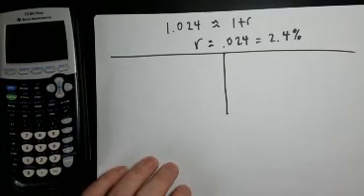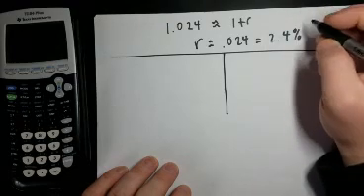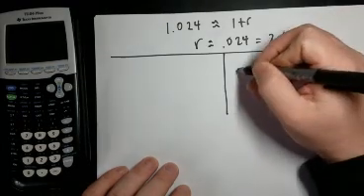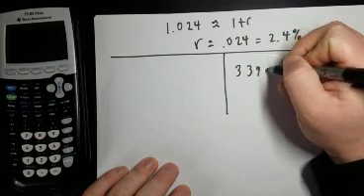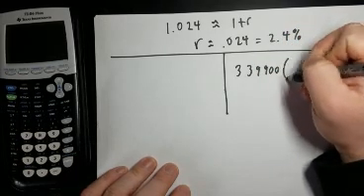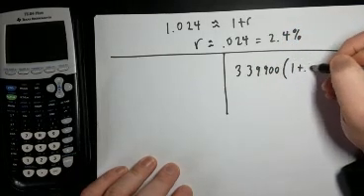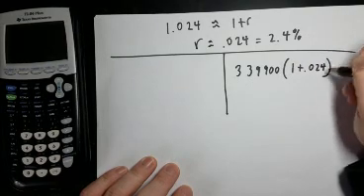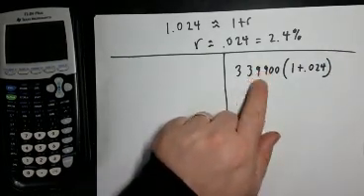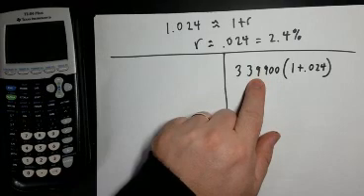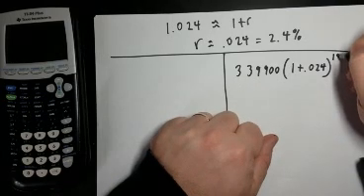If we did it from the oldest price that we found, that would be the $339,900. Setting this up, this is the oldest price found in 2011. So if we were going to do 10 years into the future, we would have to raise this to the 19th power.